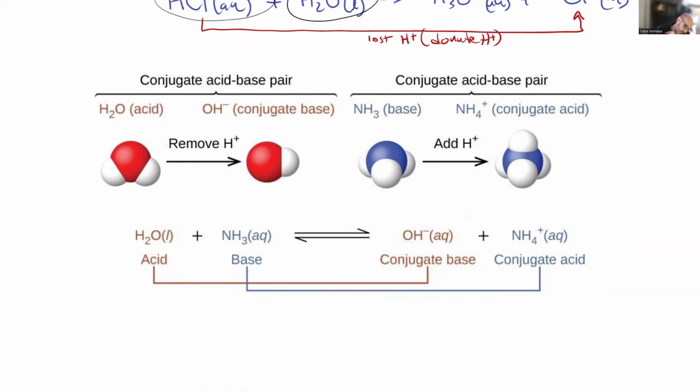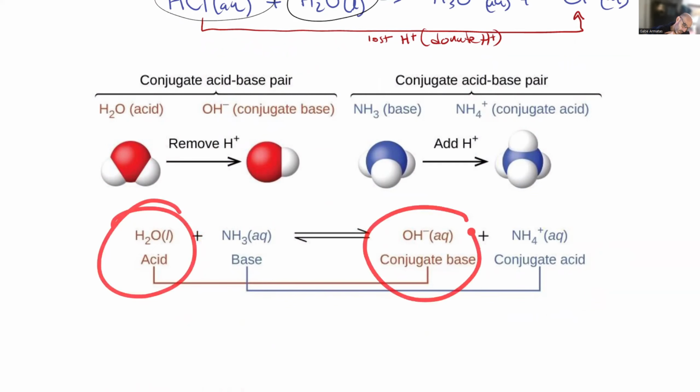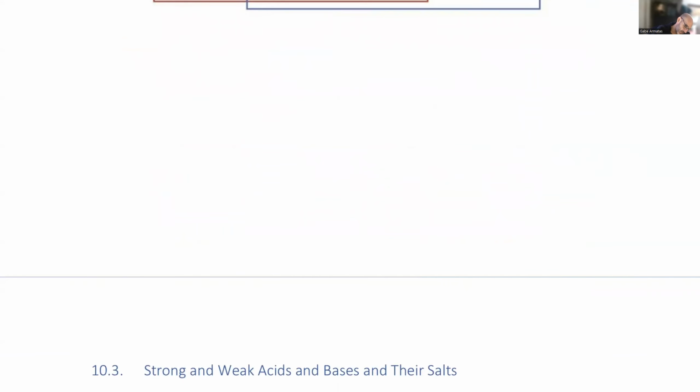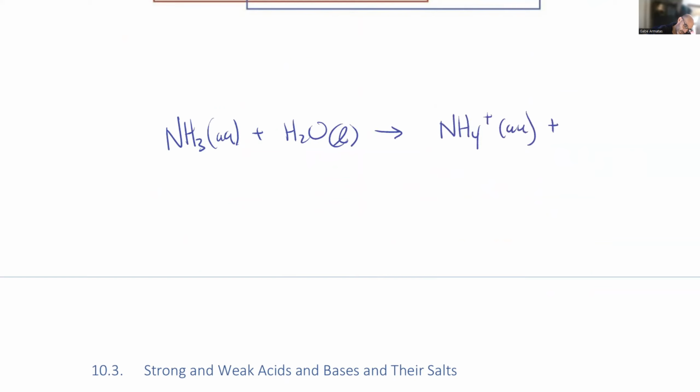In the example down here, H2O becomes OH minus. Okay, so it's the same kind of setup. And in fact, let me just write this on our own, and then I'll scroll back up. So NH3 plus H2O yields NH4 plus aqueous plus OH minus aqueous.